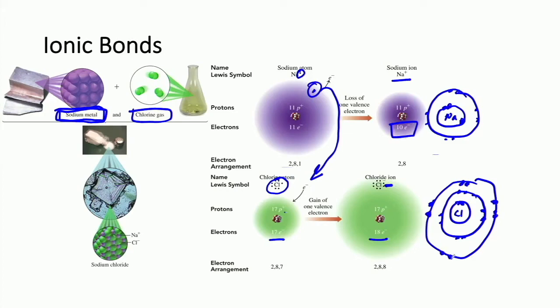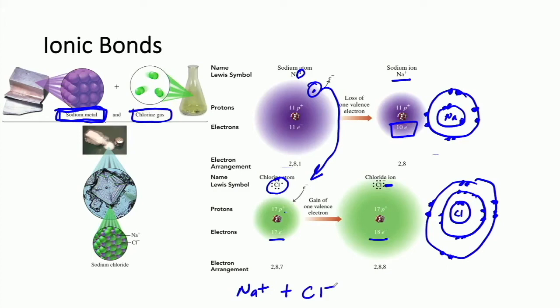Same thing with sodium. It lost that one that used to be in its outermost shell, the third shell, and it gave it over to chlorine. And so now its outermost shell has a full octet. So when it's all said and done, we have sodium with a plus charge because it lost an electron, and chlorine with a minus charge because it gained an electron, right?